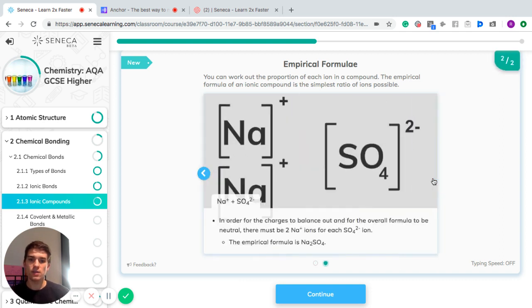Another example, if you want to neutralize the charges, say we've got sodium ions and sulfate ions. Sulfate has a 2- charge on it. Sodium ions have a plus charge on them, so you're going to need 2 sodium ions for every sulfate ion. So Na2, that's your 2 sodiums, and SO4, that's your sulfate ion.